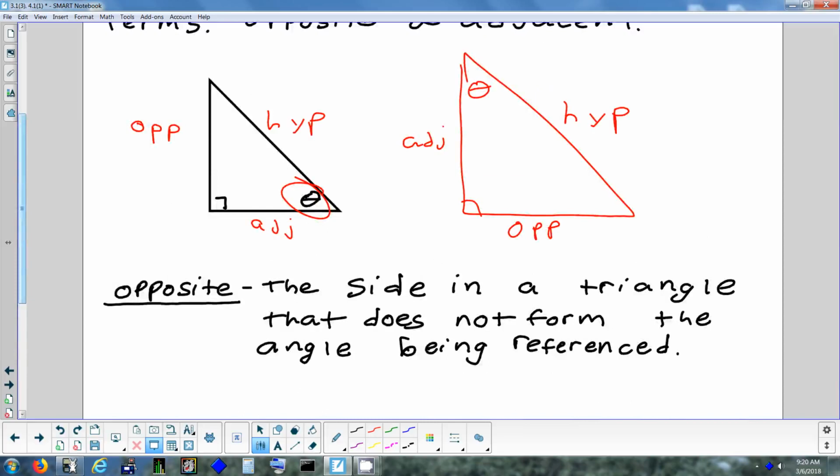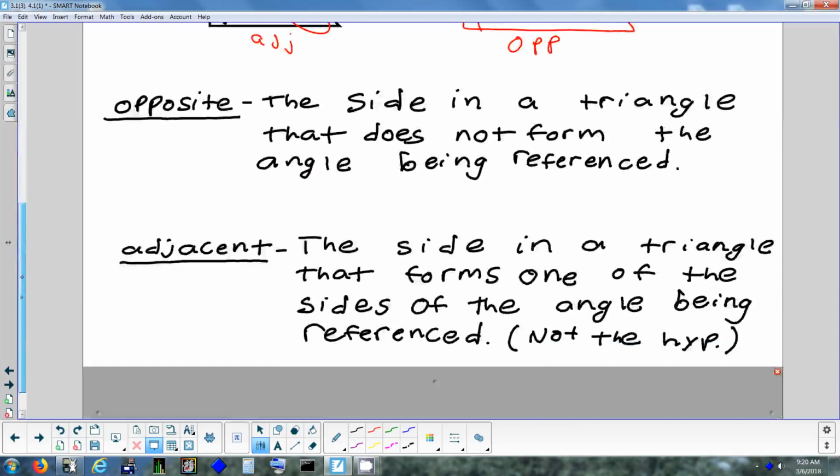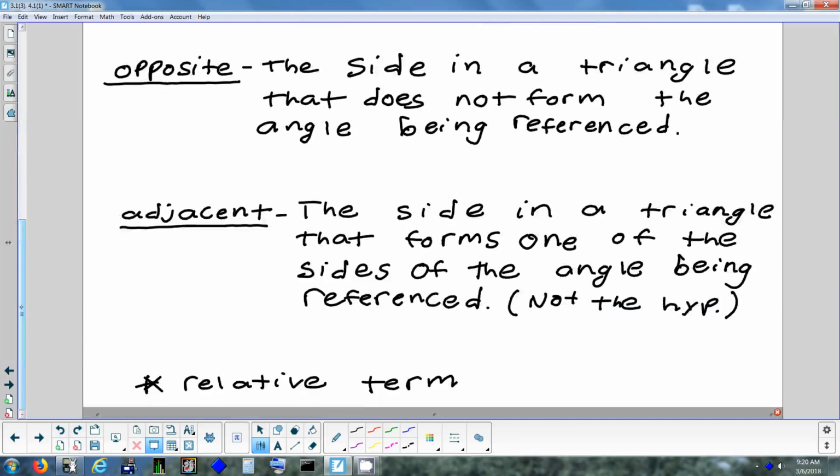Regardless of what perspective you're viewing in the triangle, hypotenuse is always across from the 90. That doesn't change. And I already mentioned that idea, opposite and adjacent being relative to your perspective. Any questions on the terms opposite and adjacent?